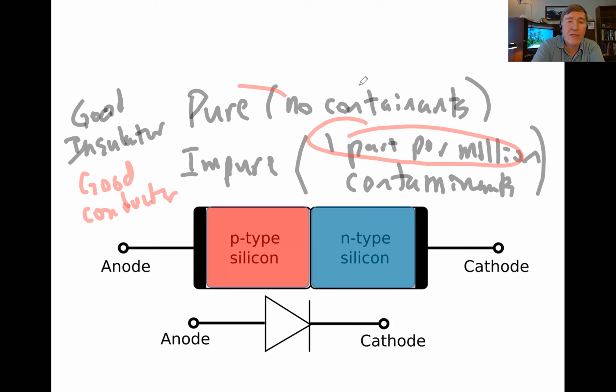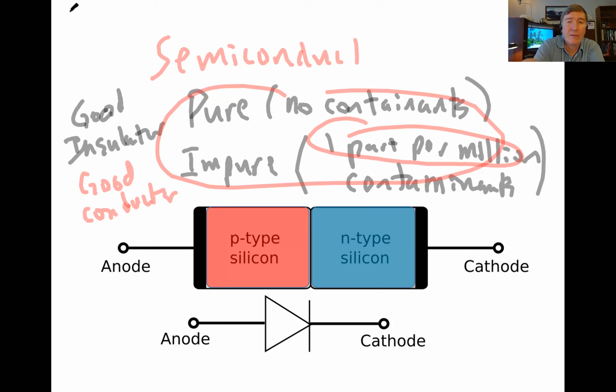So this is what a semiconductor is. Silicon is the most commonly used semiconductor out there, but there are others, things like gallium arsenide and a bunch of them.